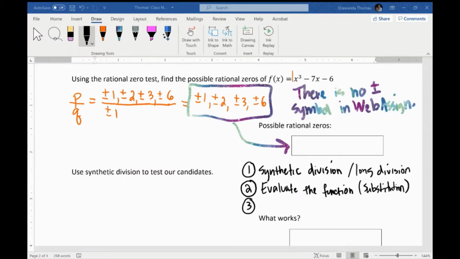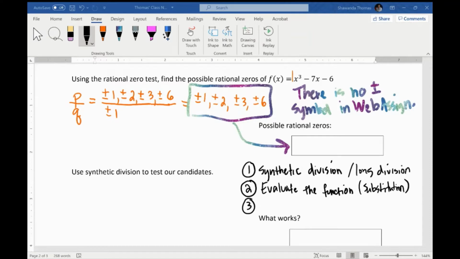How would you know if you plug it in Desmos if it is a zero or not? Not how many times, but at what point it crosses the x-axis. It's called the x-intercept. That's a zero. X-intercepts and zeros are the same.